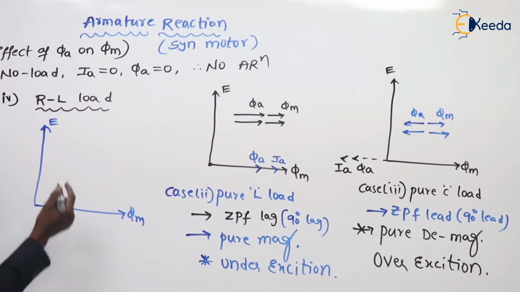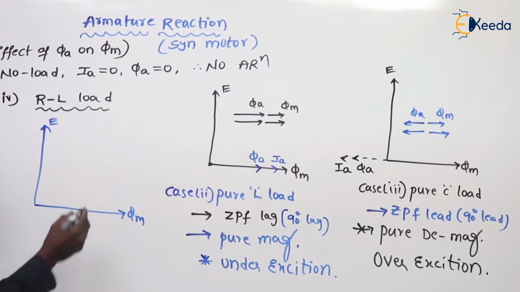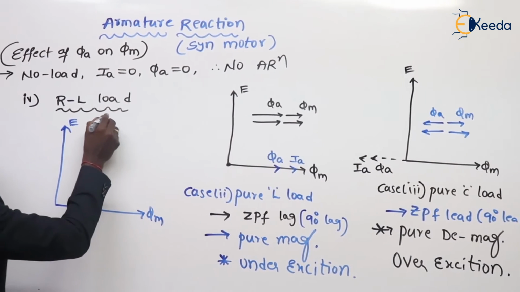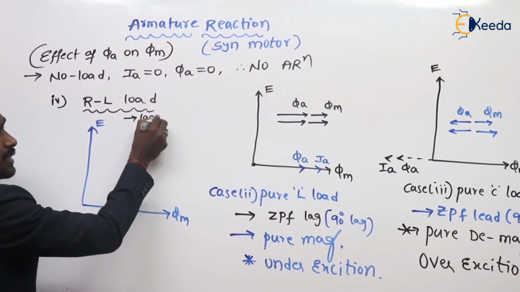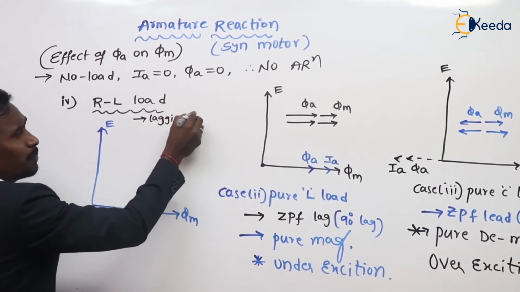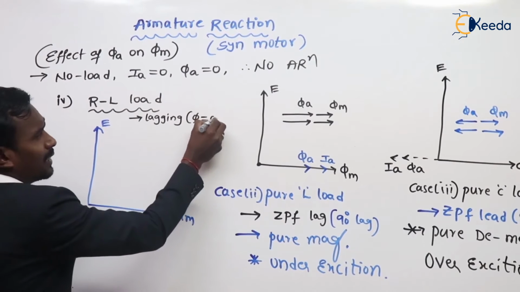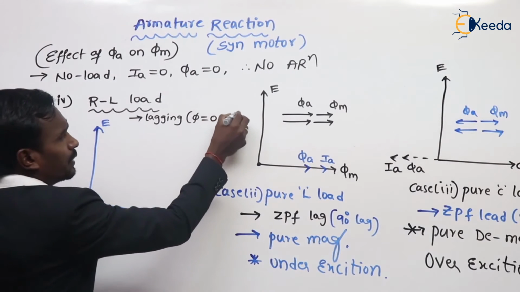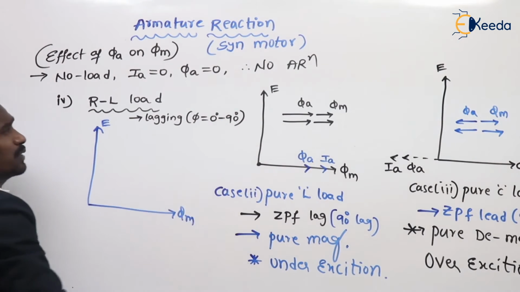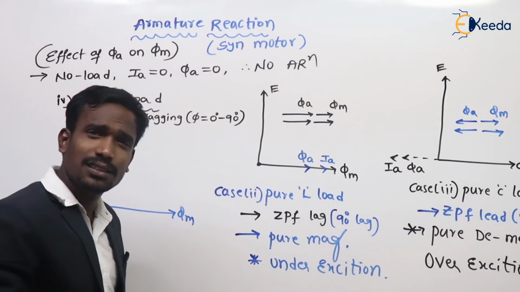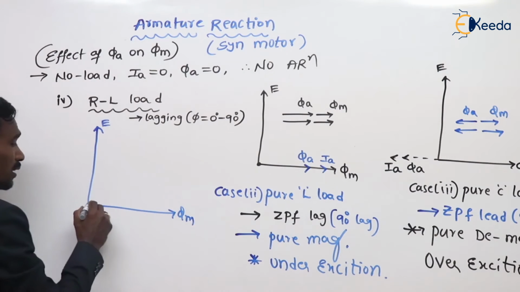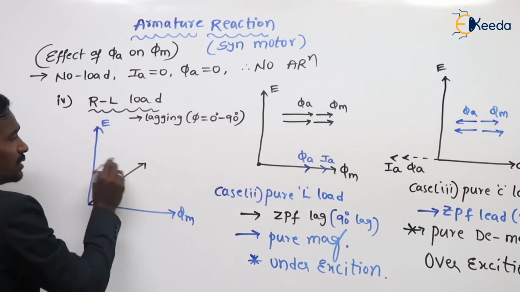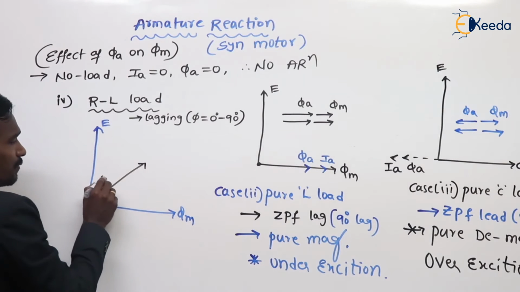When the load is RL, the power factor is lagging, meaning the power factor angle is between 0 to 90 degrees. So here my armature current is at some power factor angle phi.